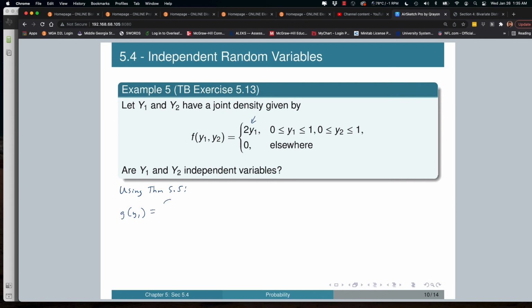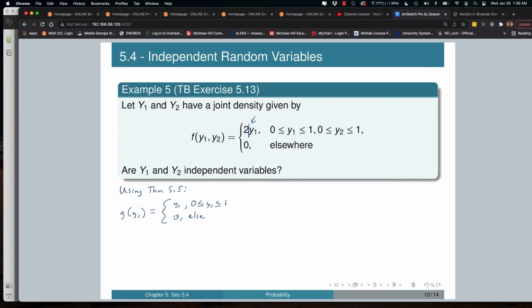such that y sub 1 is the function we have. So it's basically like I'm splitting it apart with the 2 and the y sub 1 here. g of y sub 1 is y sub 1 for 0 less than or equal to y sub 1 less than or equal to 1, and 0 else, I'm just going to put else instead of otherwise.